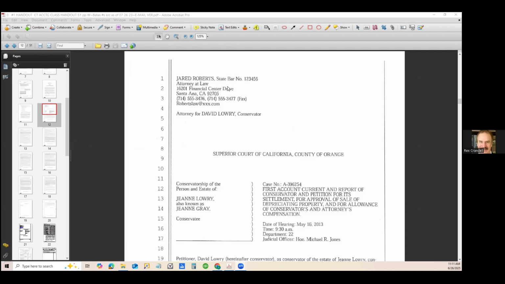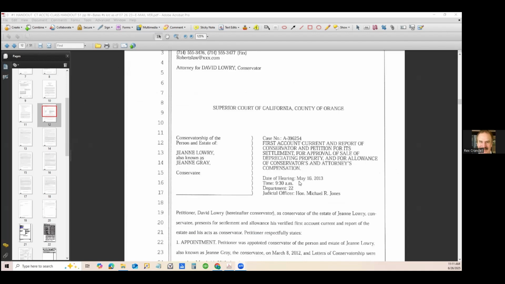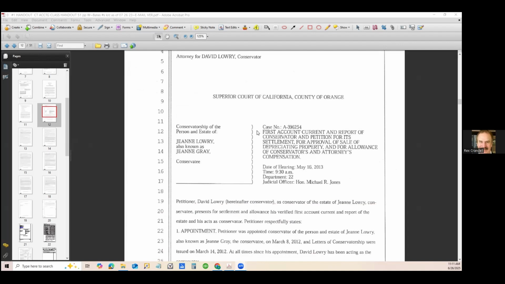So I'm going to dig into the petition now. Let's go on. In this case, in my sample, it's my first account that I'm turning in. So: first account and report. You want to make sure that this caption reads everything that you're going to be asking for in the petition.